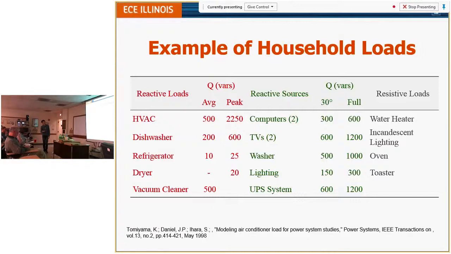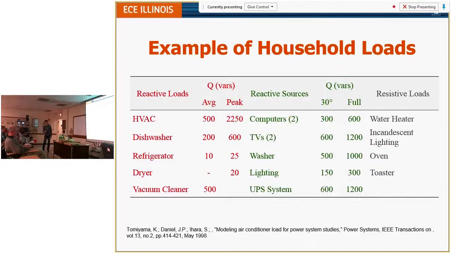On the other hand, you have reactive sources. Under current regulation, it's not okay to provide reactive power support with those, because IEEE 1547 says you can only inject active power into the system. But if you were able to control the power electronics, the inverter, and the power factor correction device, you could have the computer, the TV, the washer, the lighting, and the UPS system provide some reactive power support.